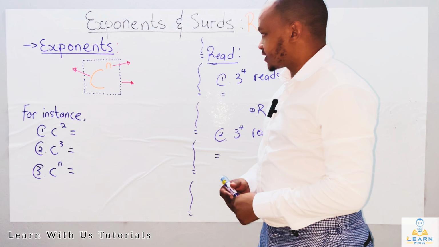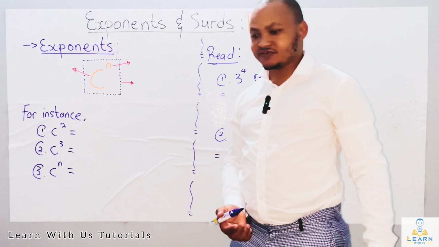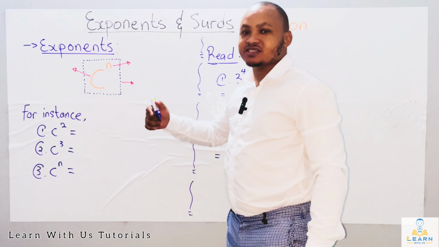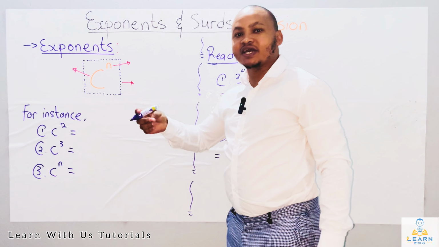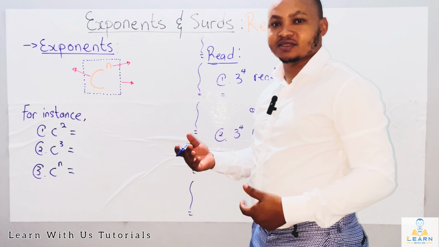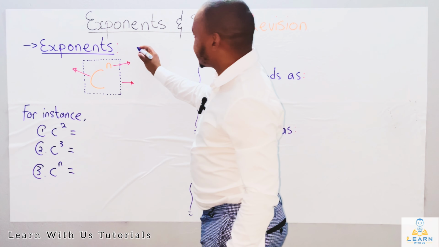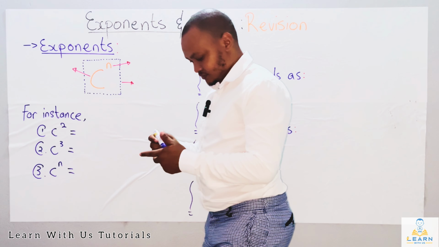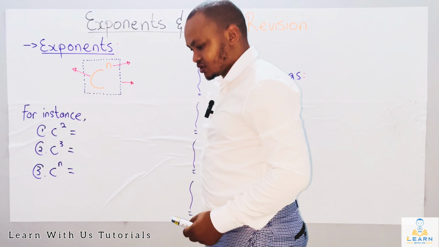Alright, let's look at exponents quickly. By definition, an exponent tells us how many times we have to multiply a number, or a base, with itself.